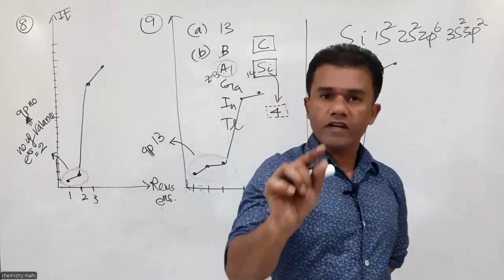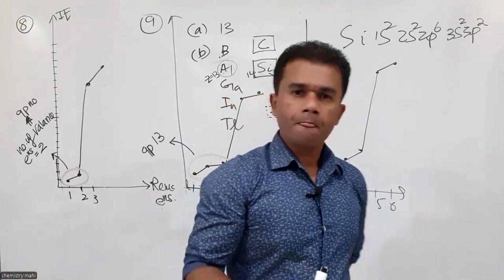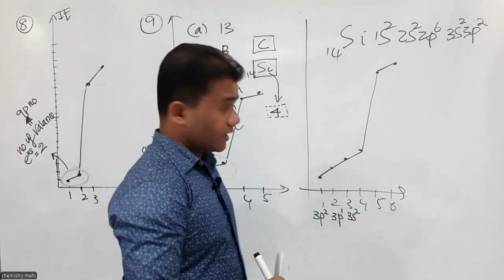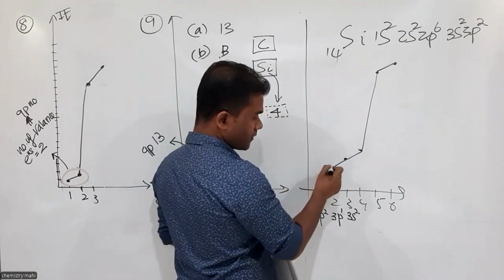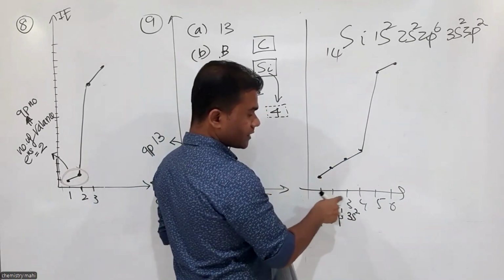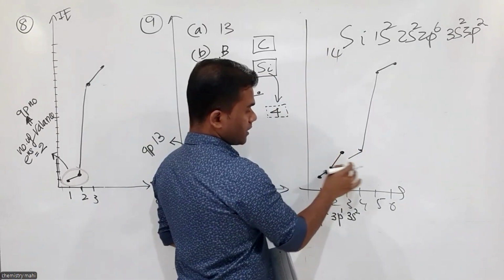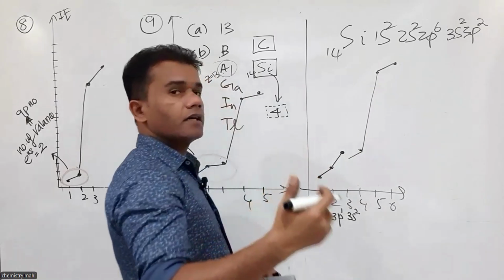Removing an electron from 3s2 will be quite difficult. Why? Because it has complete stabilization. Then, if you keep the gap between first and second this much, the gap between second and third will be quite large. It's not as significant as this one, but compared to this gap, it should be quite high.